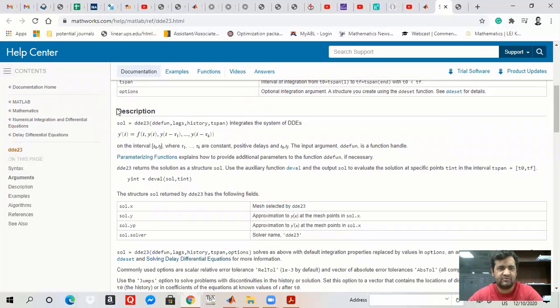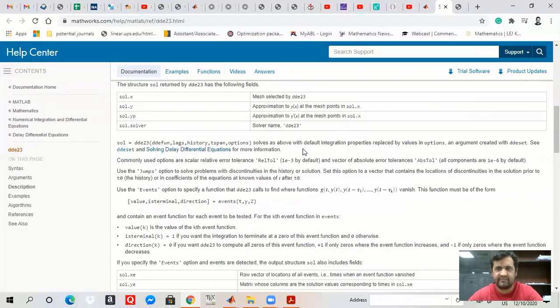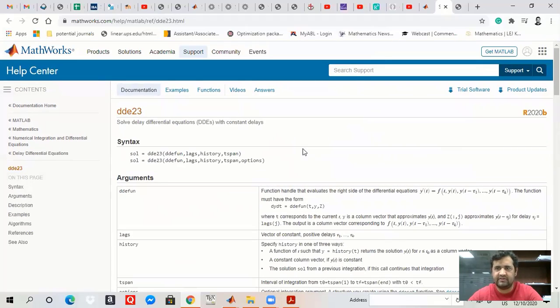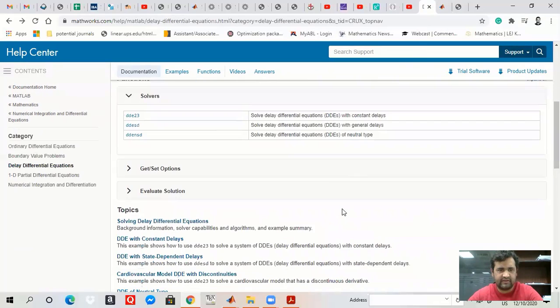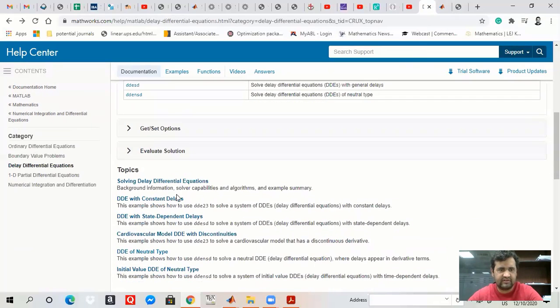So I would recommend you to read this description by yourself and try to understand it. Now, I choose this special case of delay differential equation with constant delays, as an example.